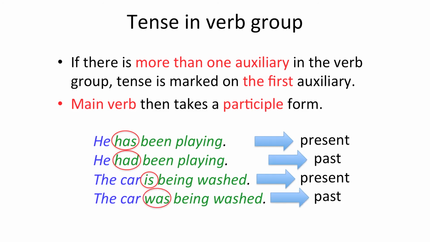And he had been playing and the car was being washed, with the past forms of the auxiliaries, had and was. The details about the forms of the other auxiliaries and main verb will be covered in the next lecture.